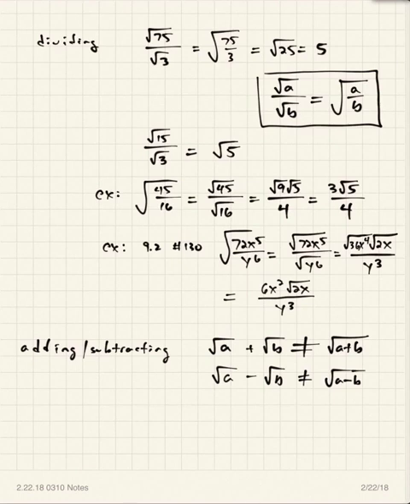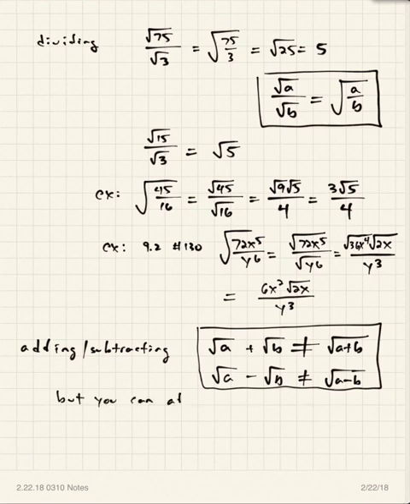Okay, good. All right, so getting back to addition and subtraction, the rule is, first of all, that you can't add or subtract 2 square roots. But you can add if the square roots are what we call like radicals.